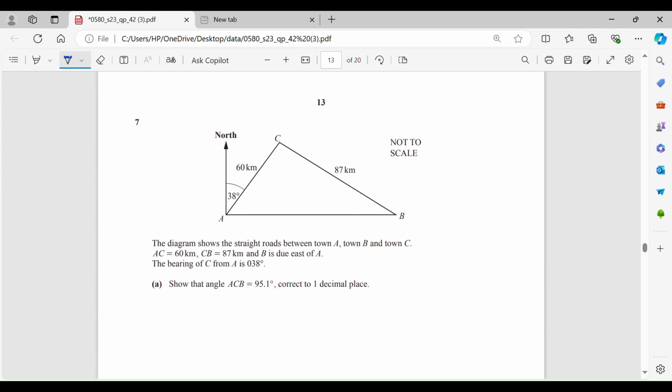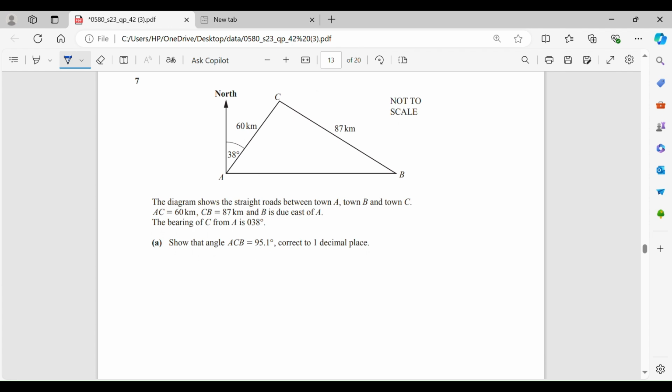Next is question number 7. The diagram shows a straight road between town A, town B and town C. Now AC is 60 kilometers, BC is 87 kilometers, and B is due east of A, right? The bearing of C from A is 38 degrees.